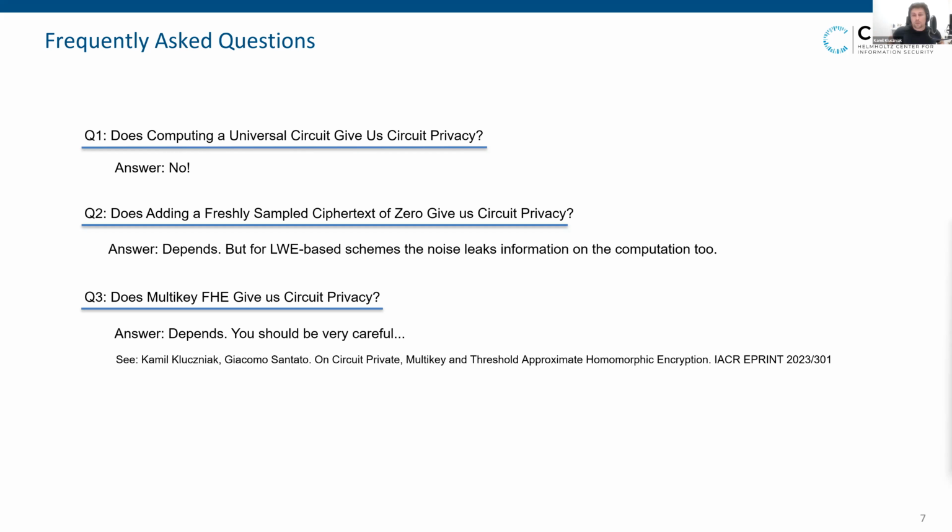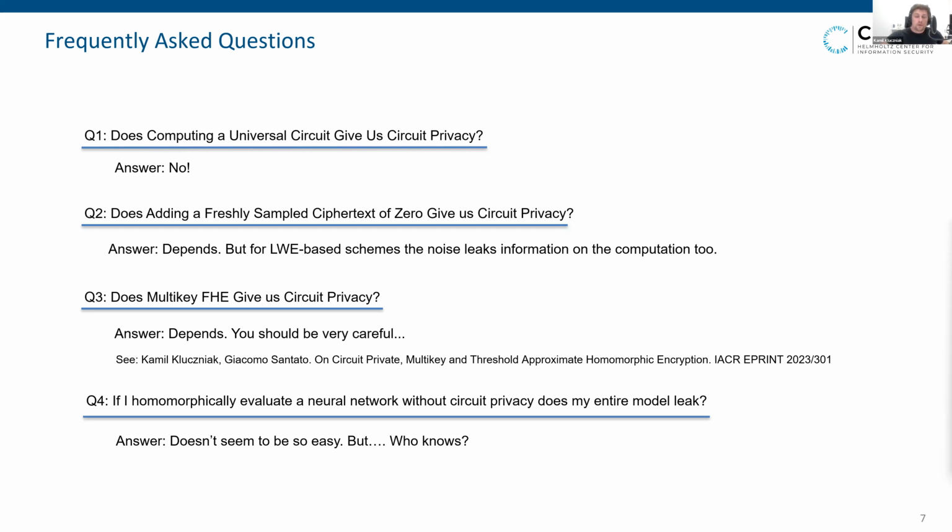The answer to this question is actually complicated, to the point that with Giacomo Santato, we wrote a paper about it. It seems that encrypting the circuit itself doesn't really help at all in terms of circuit privacy. What helps is flooding the noise in partial decryption, and we can do noise flooding even without multi-key computation. So encrypting the circuit doesn't seem to help much.